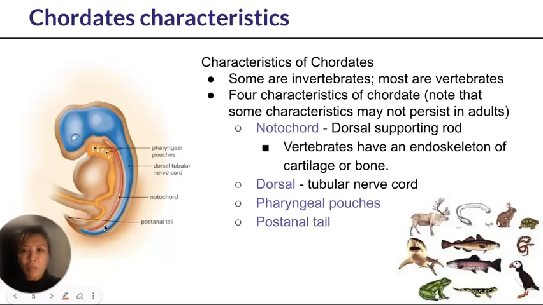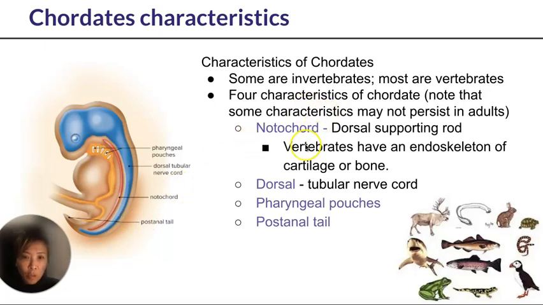Vertebrates will have an endoskeleton of cartilage or bone. Sharks, for example, are vertebrates, and their vertebrae are made of cartilage, versus for humans, whose vertebrae are made of bone.